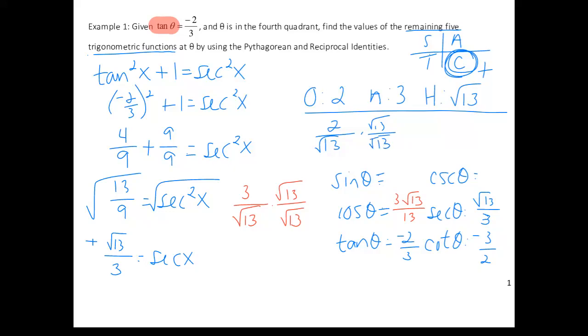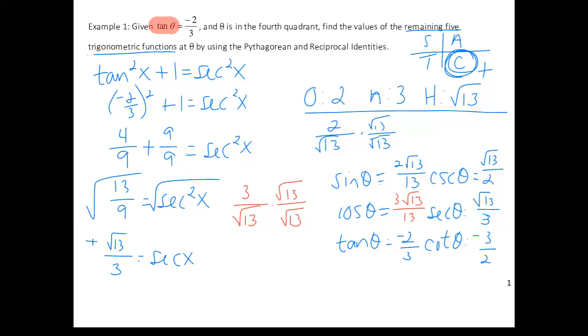And the same thing happens as did with cosine. We get 2 root 13 over 13. And cosecant, I mean, I could flip the fraction I just created, or I could just go back and say cosecant is the reciprocal of sine, which is hypotenuse over opposite in this case. So I would just get root 13 over 2.